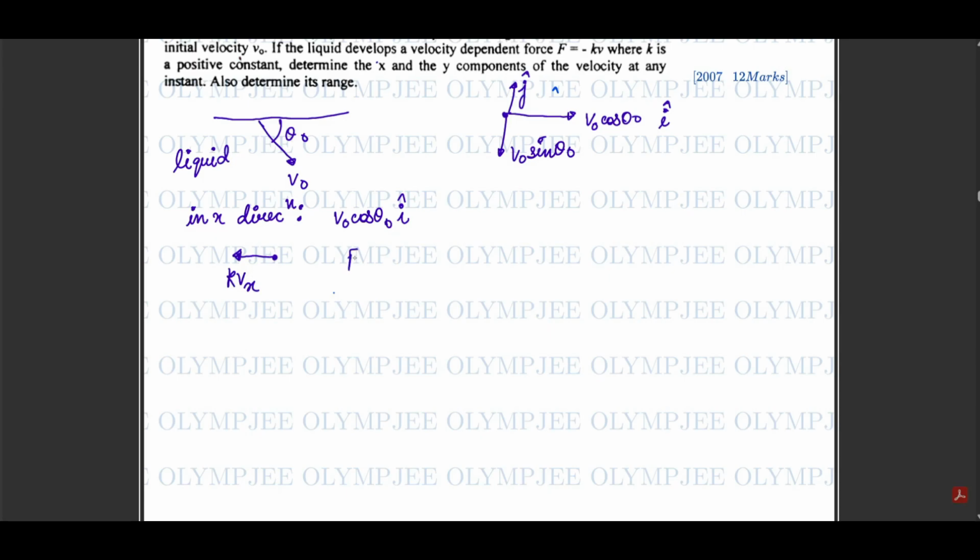So we can write Fx is equal to minus kvx, which gives us mass into acceleration in x direction equal to minus kvx. Now we write acceleration as dvx by dt, which finally gives us dvx by vx is equal to minus k by m dt.